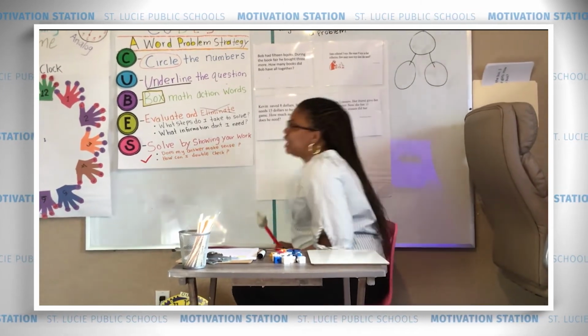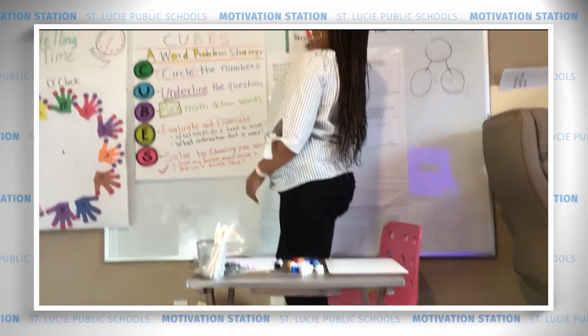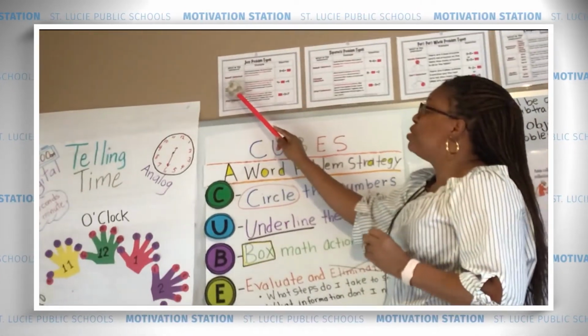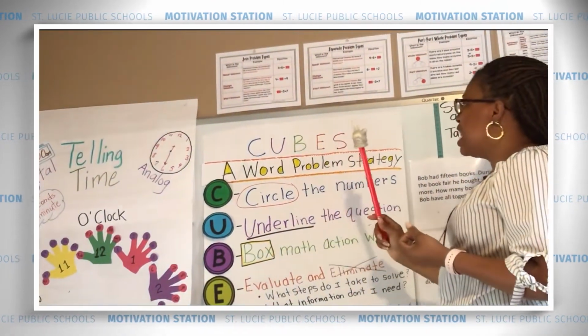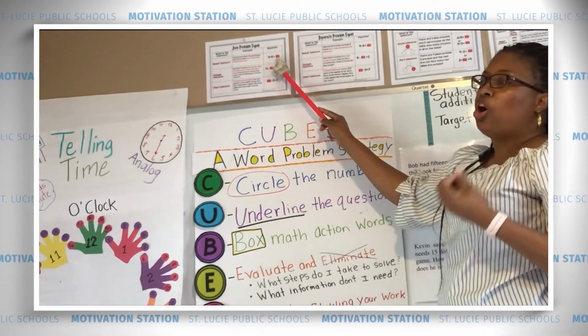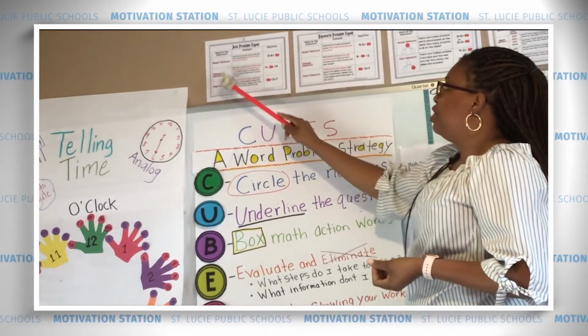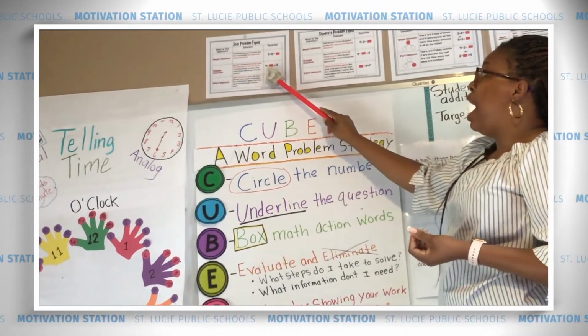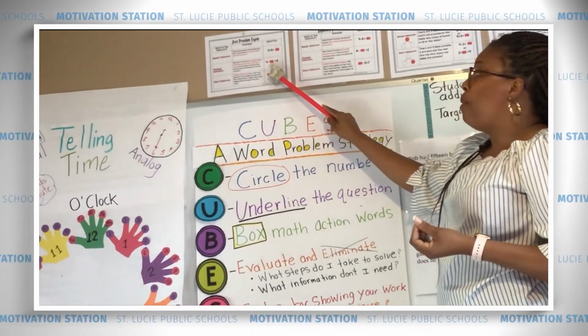So there are different types of problems, and my posters up here kind of go through them. There are some problems where the result is unknown. The ending number is unknown. We do not know what the total, what the sum is. There are some problems where the change is unknown. We have something and we need something else, but we don't know what that is.